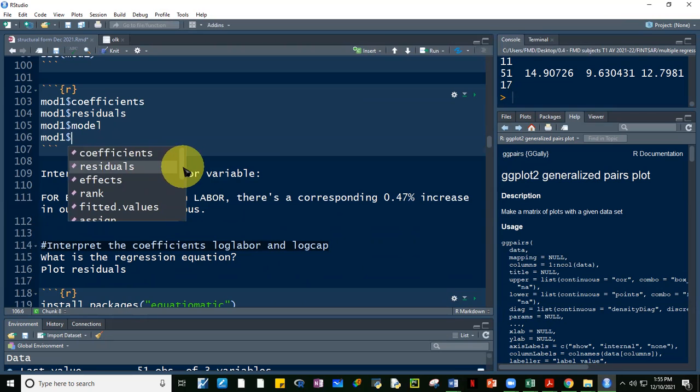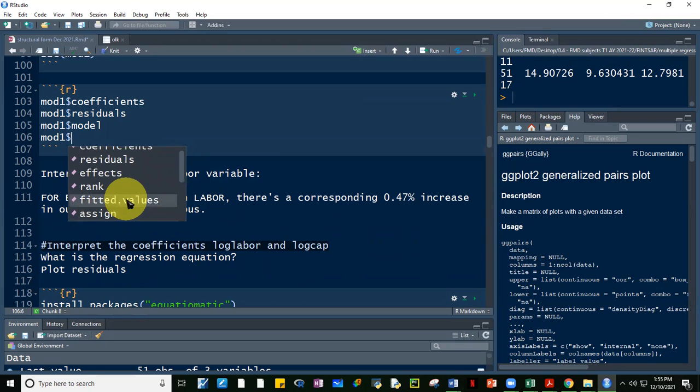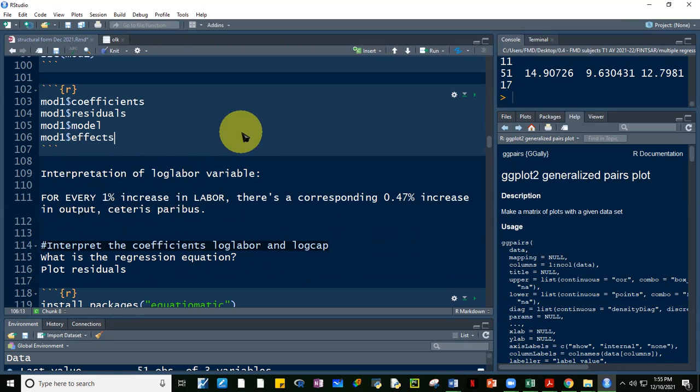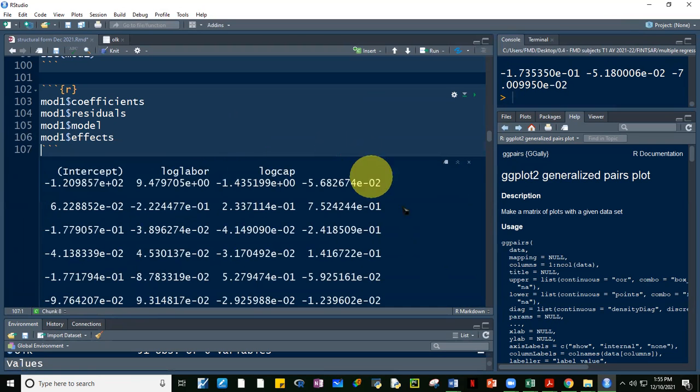Okay. May effects, may fitted values din, no? Tingnan natin effects. Then run natin. Okay, so ano tong effects na to? Negative 1.2, intercept, then log labor, log capital.